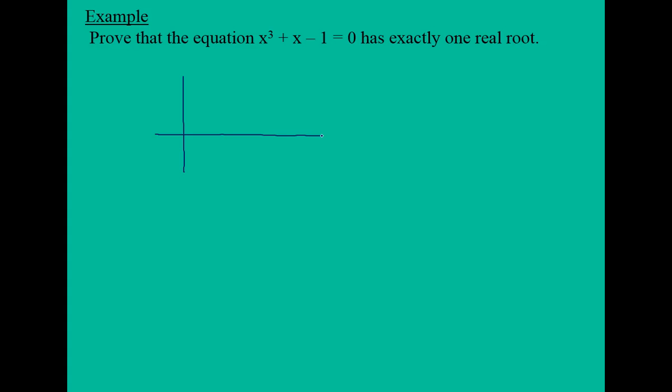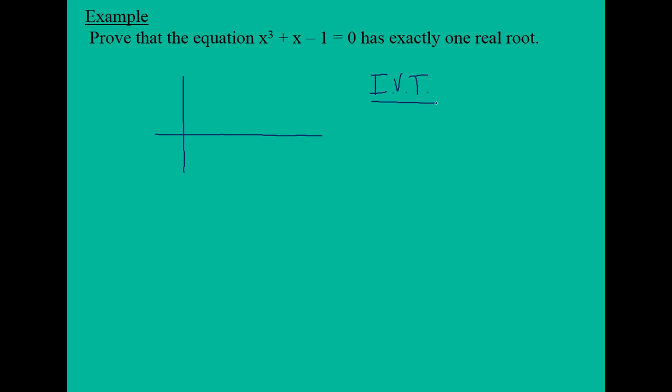Now this is saying prove that the equation has exactly one real root. If we use the intermediate value theorem, we may be able to show that the graph crosses the x-axis at least once. Let's see if we can do that.